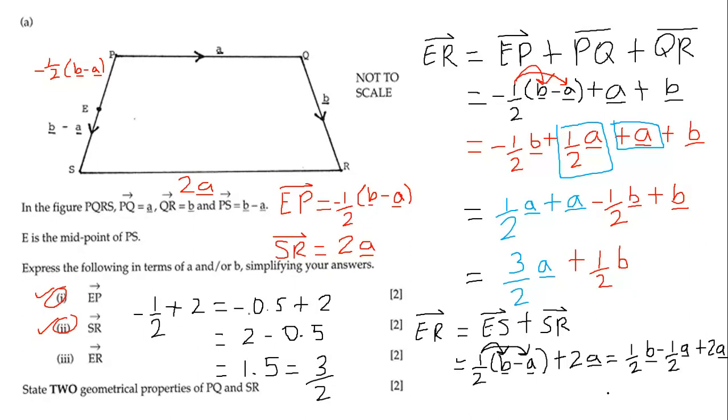So this is actually going to be equal to a half b plus, remember, negative a half a plus 2a is going to be equal to 3 over 2a.